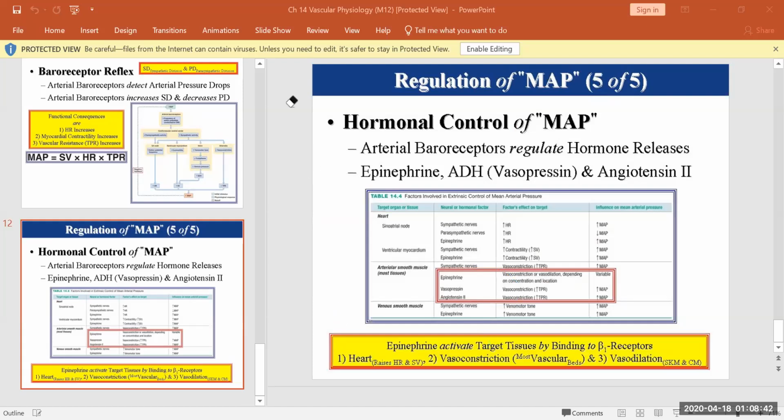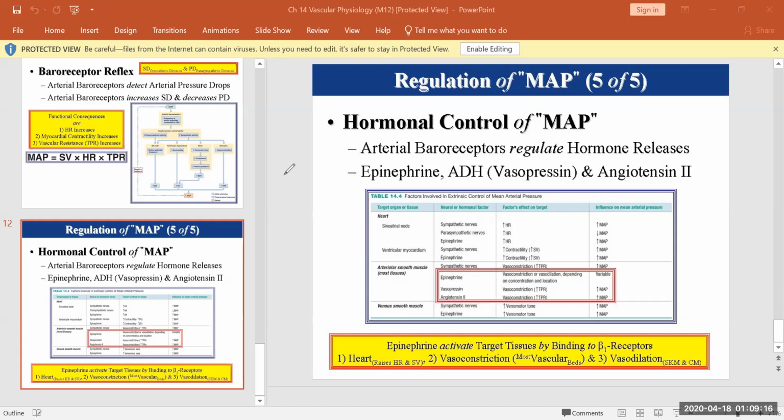So as epinephrine is released by the adrenal medulla, it can activate 2 adrenergic receptors. Actually 3, right? It can activate beta-1, and the beta-1 are actually on the cell or plasma membrane of either pacemaker cells or the cardiomyocytes, right? So the beta-1 are exclusively on cardiac tissue. We're not talking about smooth muscle here.